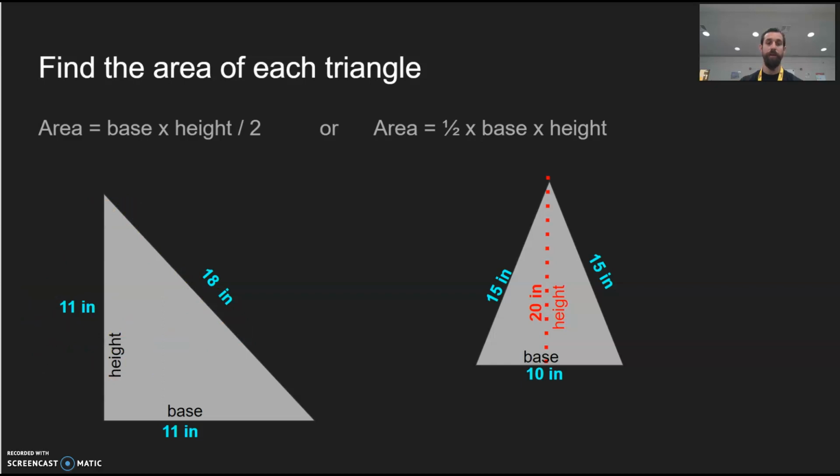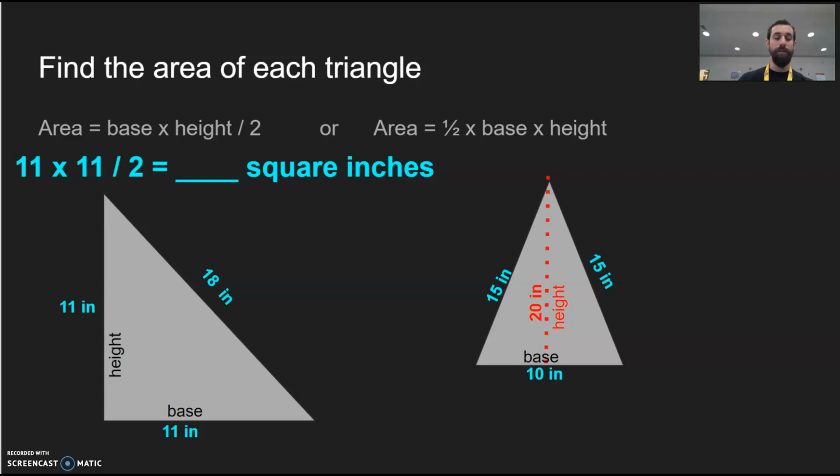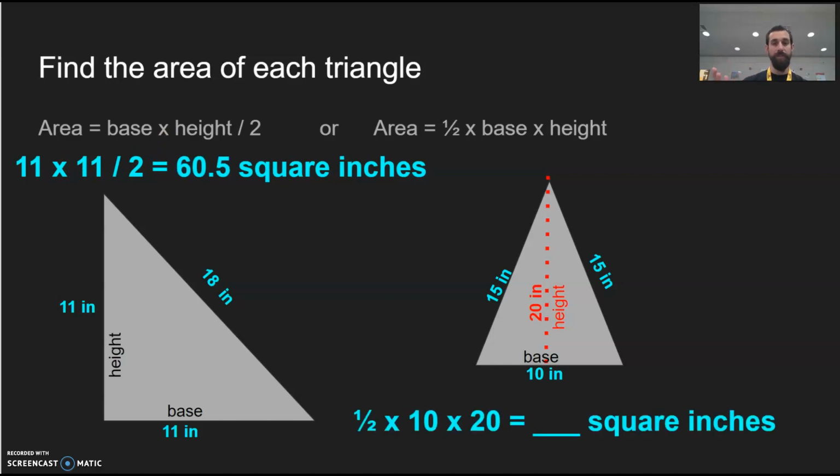If we do it right, we end up with 11 times 11 divided by 2. And on this, it's going to end up with something weird, or a decimal, rather. So it would be 11 times 11 is like 121. And when we divide that by 2, that gives us 60.5.